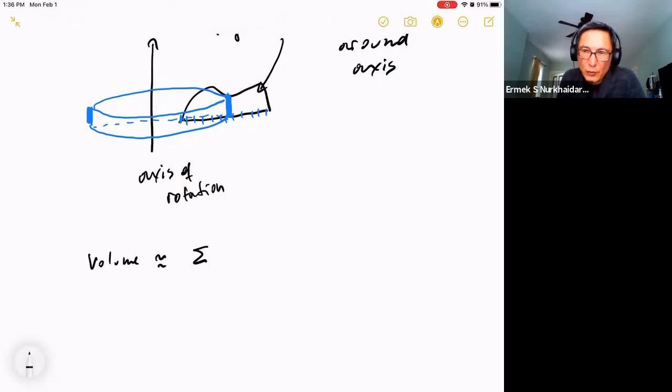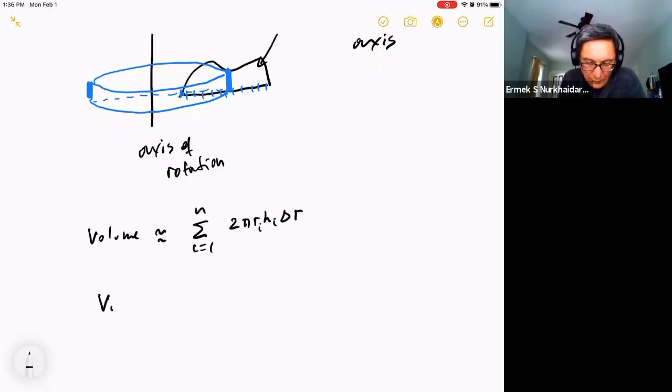And each of those pieces is going to be a shell. The volume of a shell, as we discussed a second ago, is 2 pi r h delta r, and I'm going to mark them r_i, h_i. Therefore, to get the exact volume, I take those shells to be thinner and thinner and thinner.